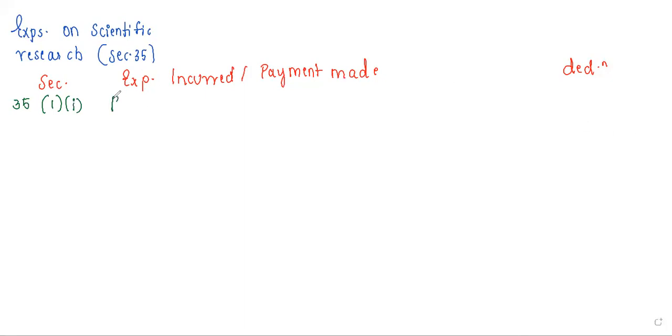The very first one, revenue expenditure incurred on scientific research related to the assessee's business.